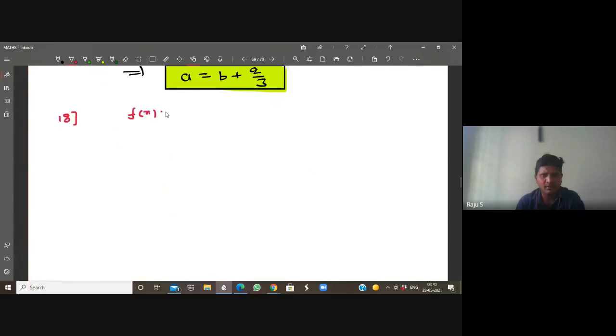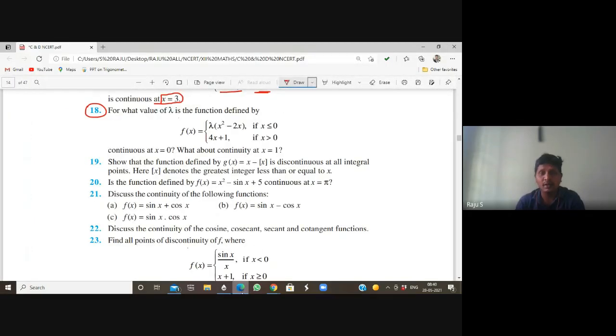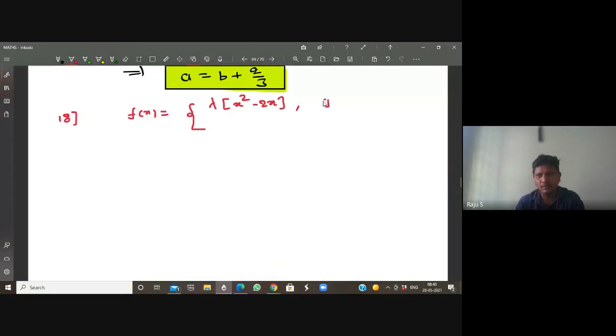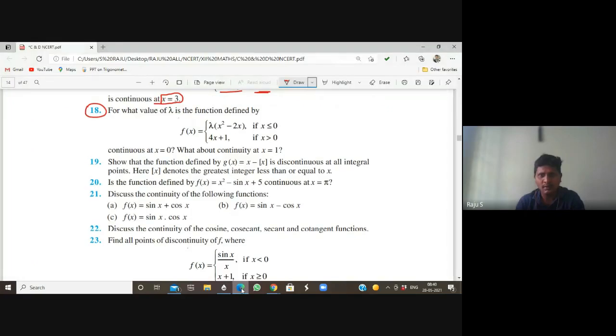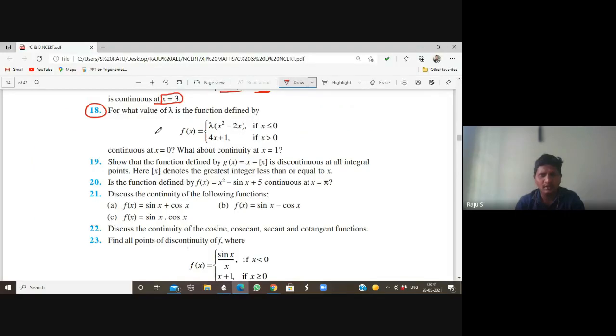Lambda times x square minus 2x for x less than or equal to 0, and the next one is 4x plus 1 for x greater than 0. Fine. So clearly it is continuous at x equal to 0.